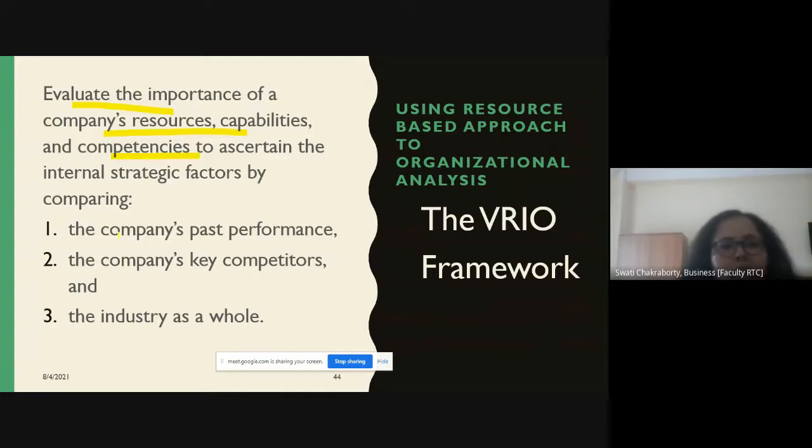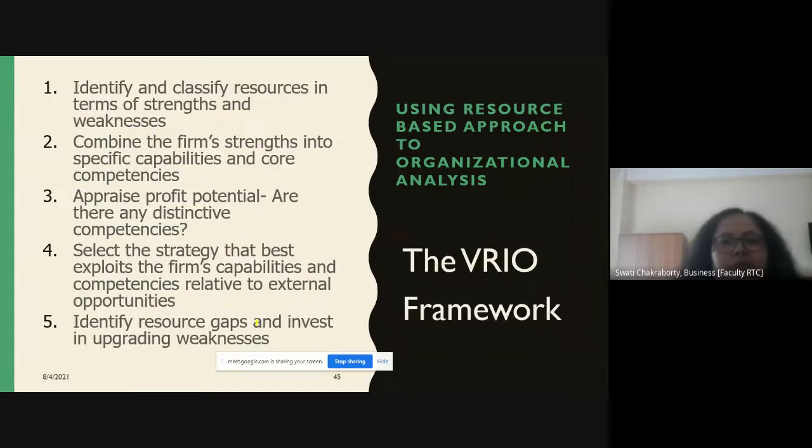By comparing the company's past performance, the company's key competitors, and the industry as a whole. So you have to compare and look into these resources and see how you have been performing, who are the key competitors, how have they been performing with regards to these resources, capabilities, competencies, and how the industry has been performing.